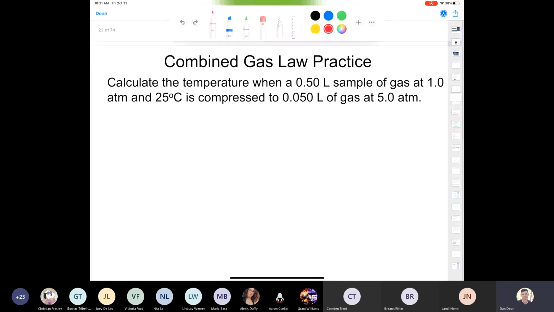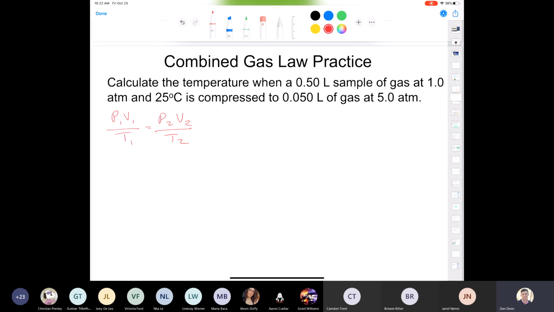Let's write down the combined gas law, which is P1 times V1 over T1 is equal to P2 times V2 over T2. Okay, calculate the temperature when 0.50 liters of a gas at 1 atmosphere and 25 degrees Celsius is compressed to 0.50 liters of gas at 5 atmospheres.